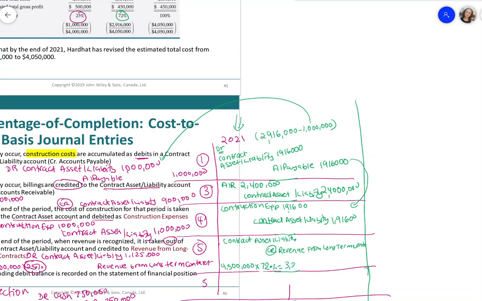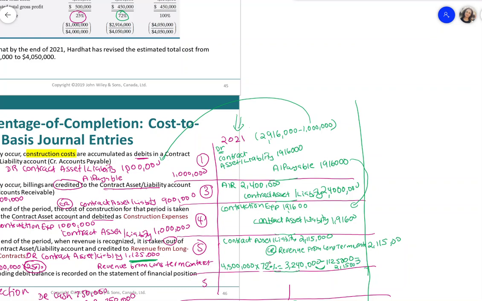In this case, it comes out to be 3,240,000, but we already recognized the 1.1 million for the previous year. So what we need to do is the entry for the difference between the both. In this case, it will be 2,115,000.